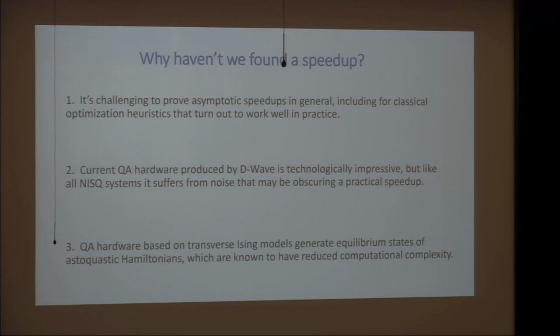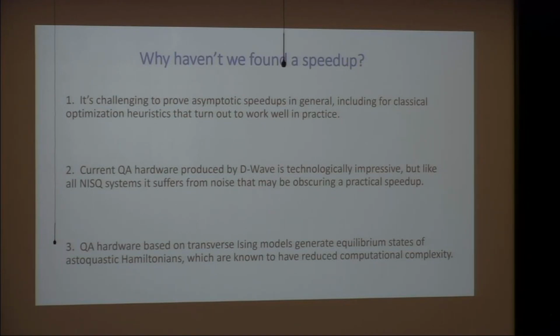Okay, but more specific to the case at hand, we have the fact that current quantum annealing hardware produced by D-Wave, I would say it's very technologically impressive, but like all NISQ systems, it suffers from noise. That's part of the name. That noise may be obscuring our detection of a practical speedup. So that's one possibility.